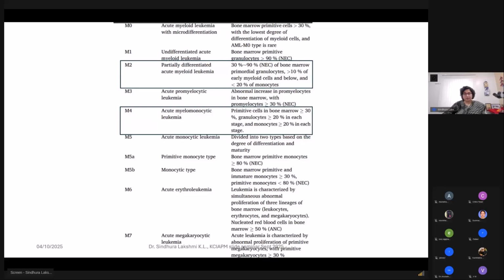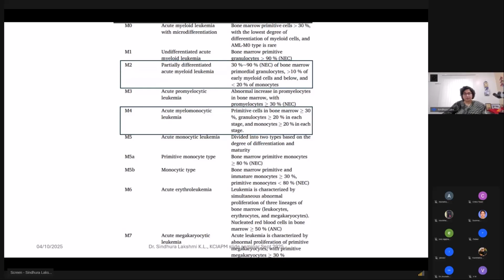Particularly, if you're not doing a differential count on the bone marrow aspirate, you're more likely to misclassify a myelomonocytic leukemia as an AML M2, which is AML with maturation. So it is very important for anybody reporting a bone marrow aspirate to do a nucleated cell differential count. It is a must.